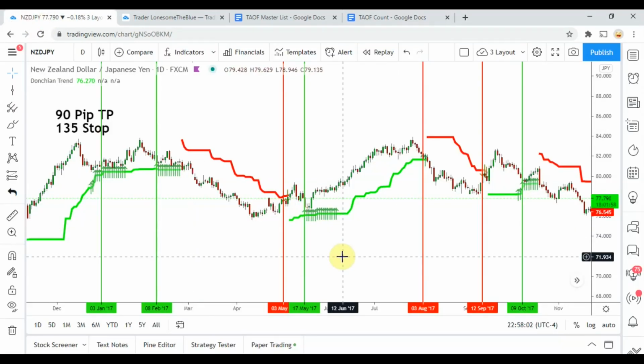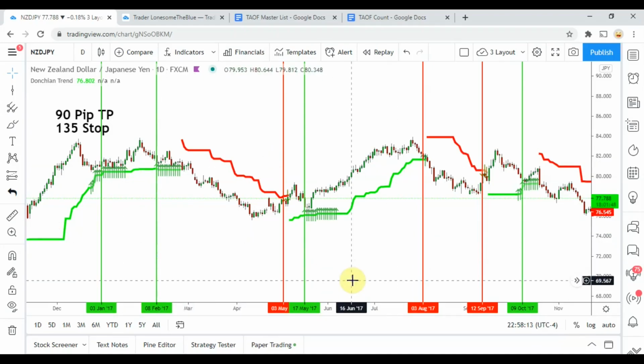Alright, so in the last video that we did, we tested the Donchian trend indicator. And in this video, as you can see, I have the screen pulled up exactly the results that we got of that 1 year test. Now, it was pointed out to me by one of the viewers on the channel, Ant, who has a keen eye for spotting when I make mistakes, that there was a particular signal that would have probably gotten to take profit.